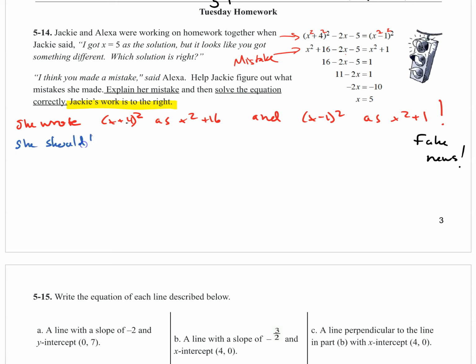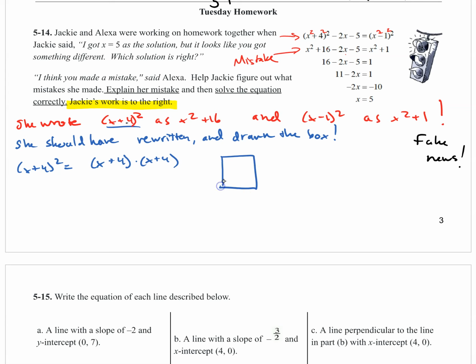So she should have rewritten and drawn the box. For example, x plus 4 squared is equal to x plus 4 times x plus 4. Alright, so we can draw the box there. X plus 4, right?